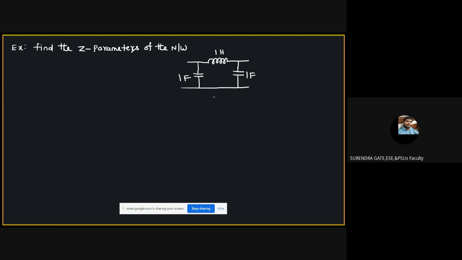Otherwise, you convert delta to star connection. Once we get the star connection, that is a T network, then we can solve directly for which parameters? Z parameters. That is another method.